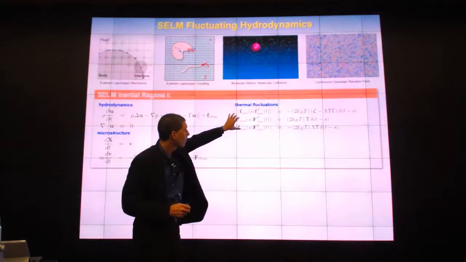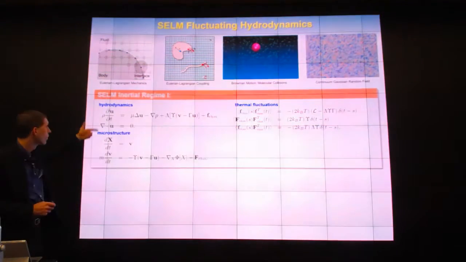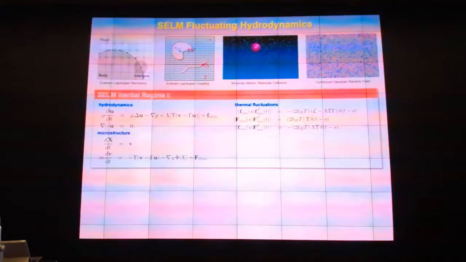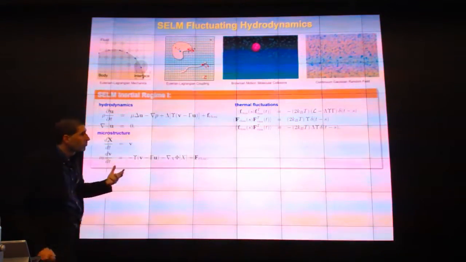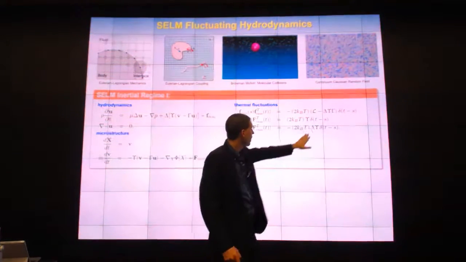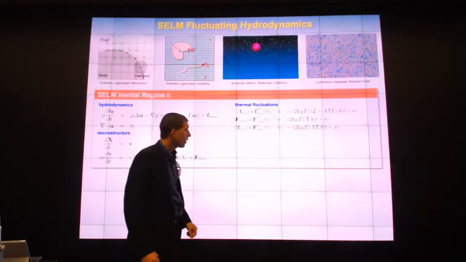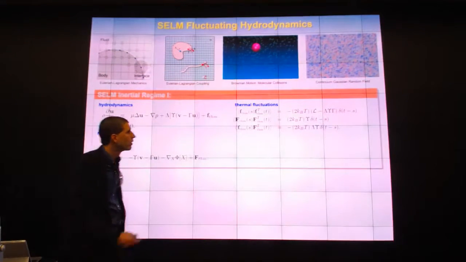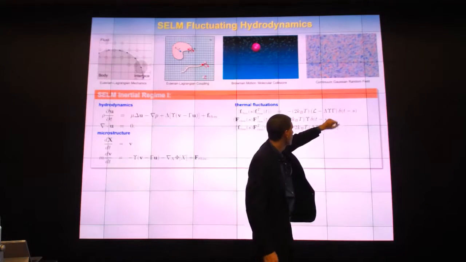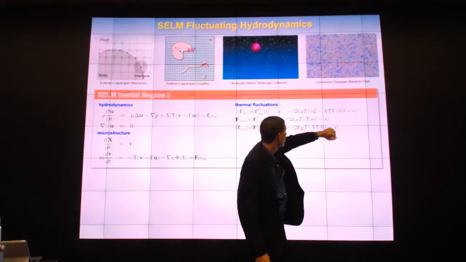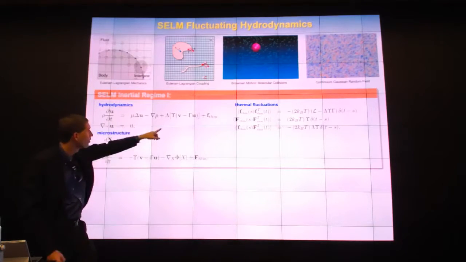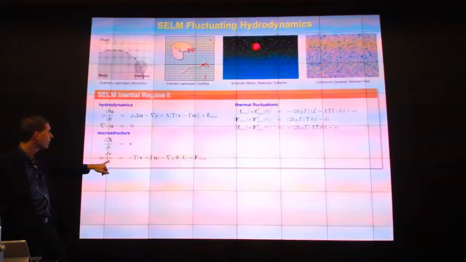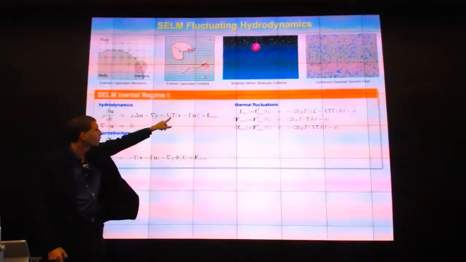This is how one thermostats the inertial formulation of our technique. And so the interesting point here is that you have the usual Landau-Lifshitz style fluctuating term, but in addition, because of the microstructure, there are these interesting cross correlations that arise from the drag term, which is coupling the microstructure degrees of freedom to the fluid mechanics.